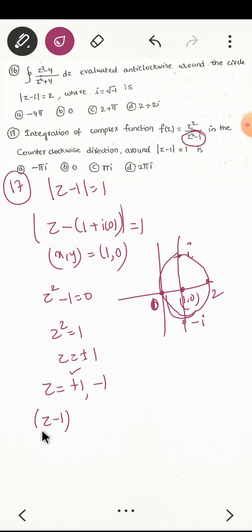That means z minus 1 is inside the contour and z plus 1 is outside the contour.